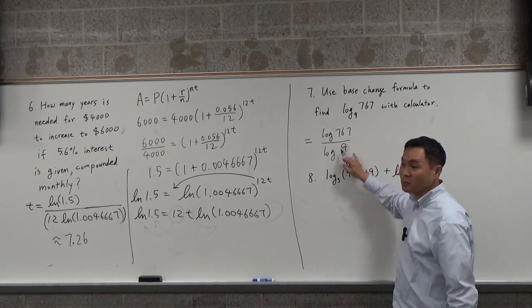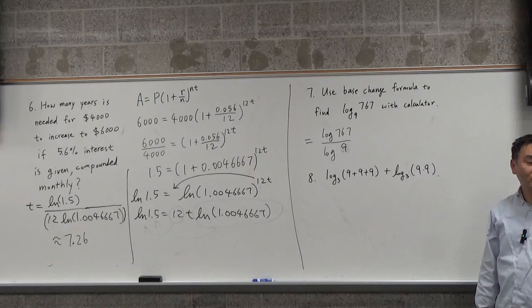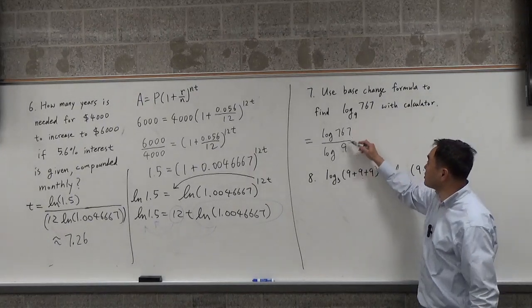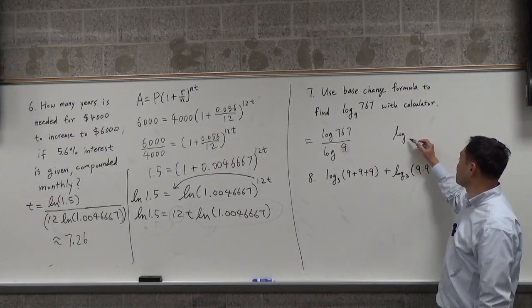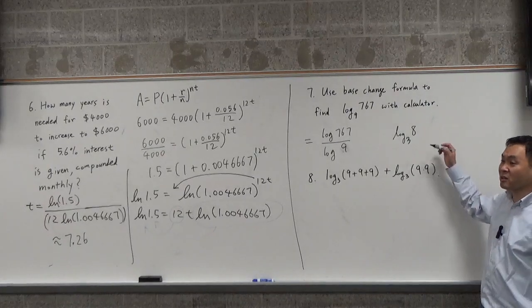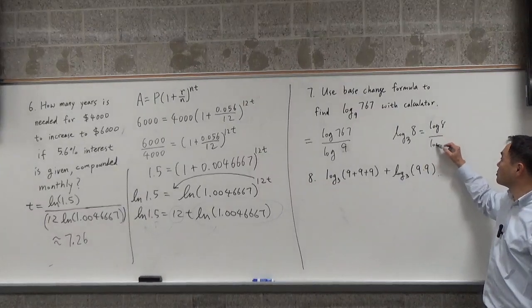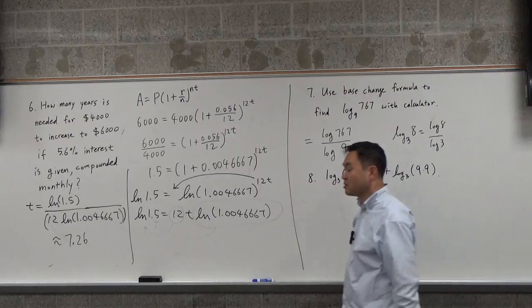That's what the base change formula says, and that's for any number here. So let's say you have log base 3 of 8. How do you put this into a calculator? Log 8 over log 3. Done. That's how you do it in the calculator.